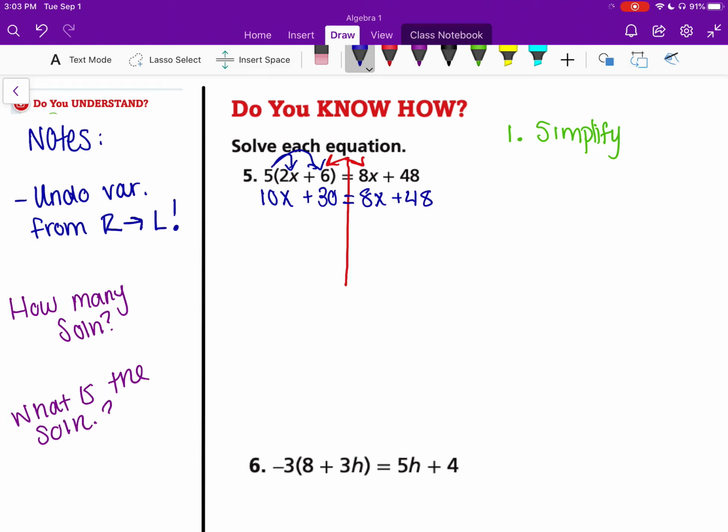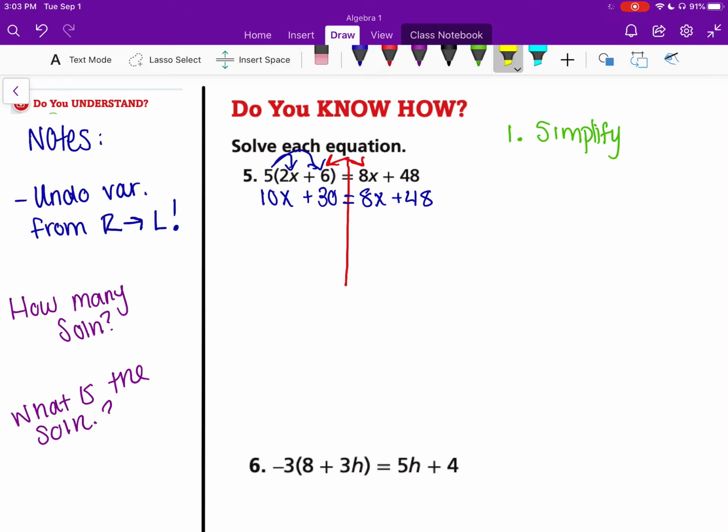Now I look on both sides of my equation and I see that I have a variable plus a number constant equals a variable plus or minus a number constant. I am now ready to group my like terms together using opposite operations. And we're going to start with the variable first.